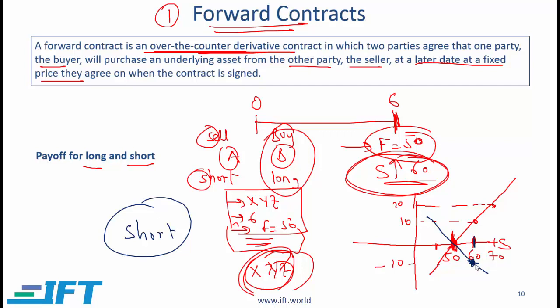Notice that the gain to the long is the same as the loss to the short. That's why derivatives are also called a zero-sum game. The gain to one party is equal to the loss to the other party.